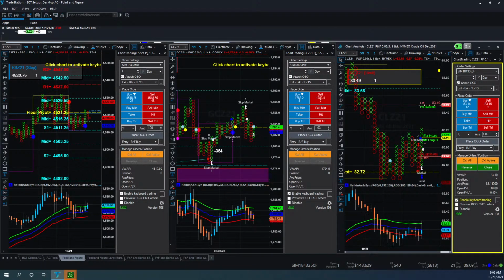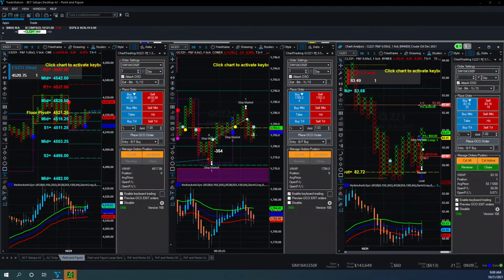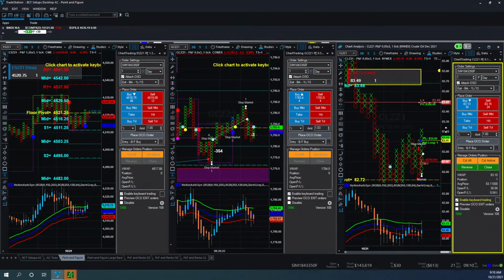I'm targeting this high here. It's very choppy though. Going back down.